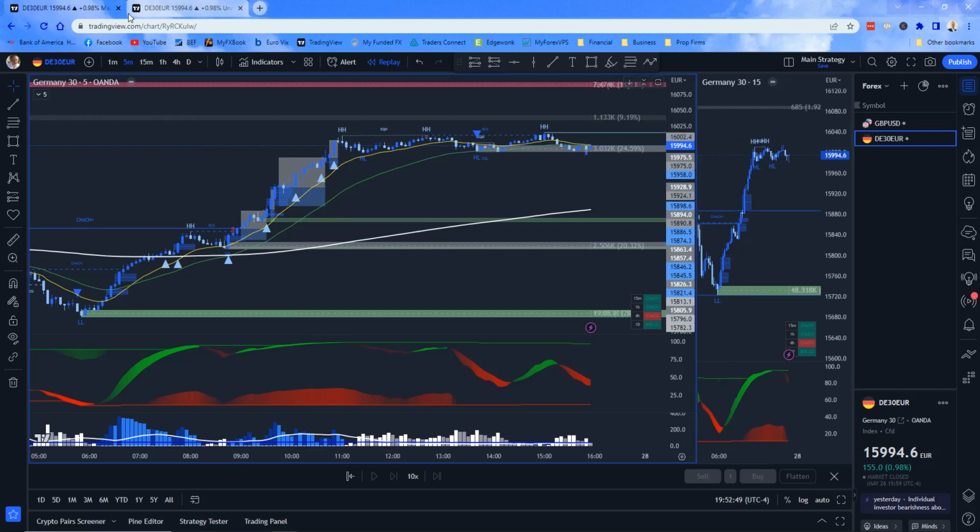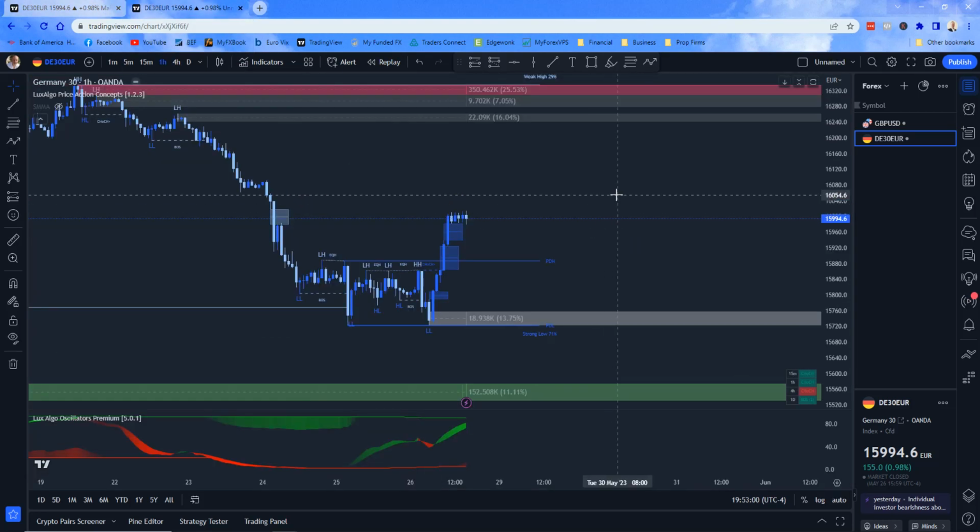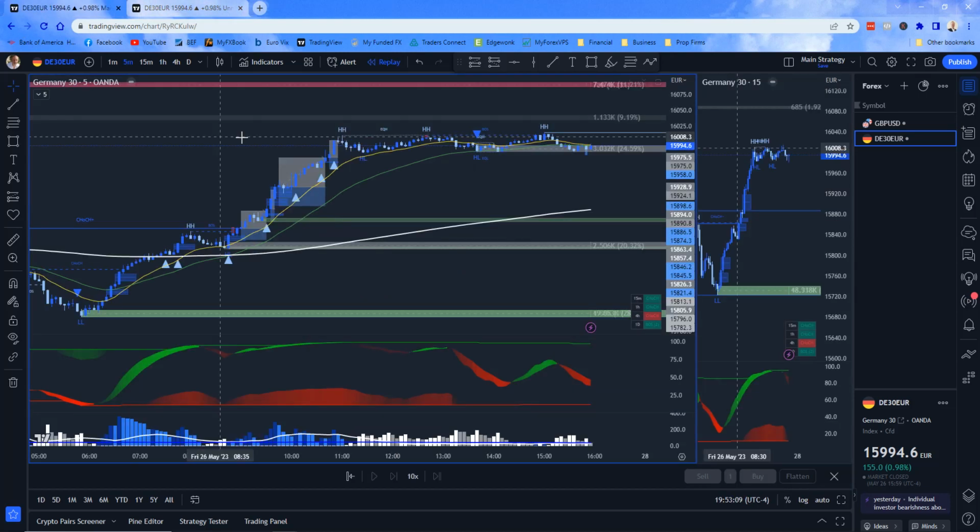In another window on my main terminal monitor, I have another chart open, strictly for the 1 hour. So I have the 1 hour on, and then I'm always looking at the lower time frame.